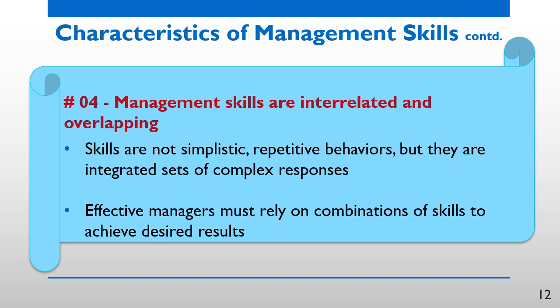In addition, the person will be able to collect all the necessary information, discuss with people, get their opinions and solve the problem really well if they have good communication skills. So communication skills, problem solving skills and decision making skills are overlapping. So let's discuss this further.